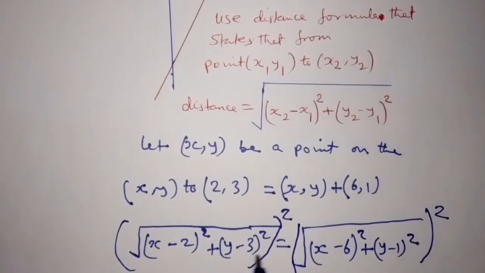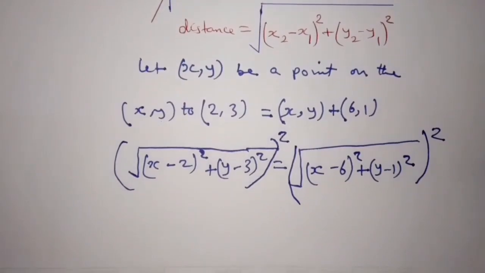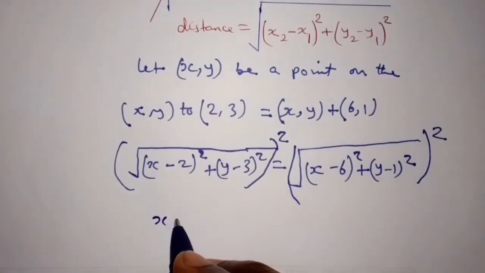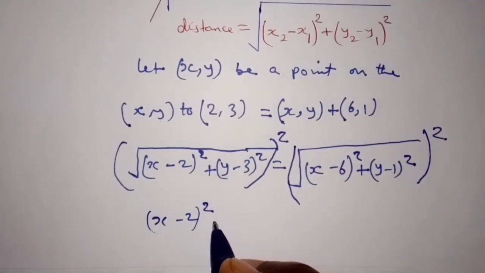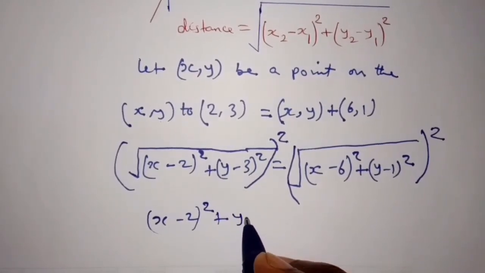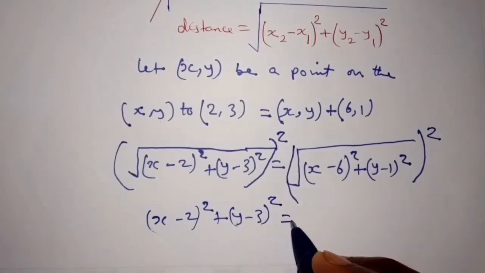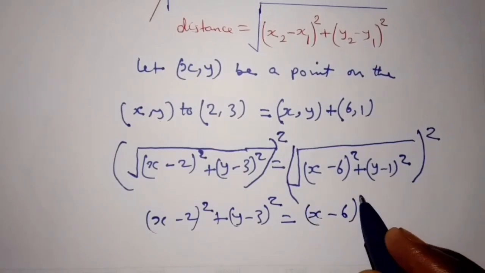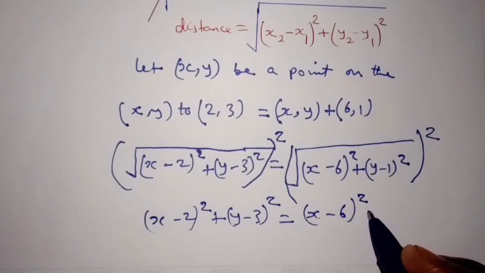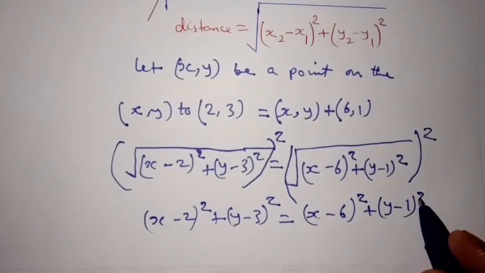So when we square this and that, we remain with x minus 2 squared plus y minus 3 squared is equal to x minus 6 squared plus y minus 1 squared.